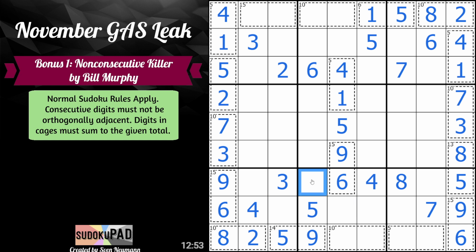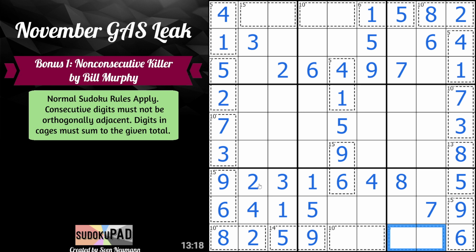Oh, sorry. This has to be 1 or 2. So, can't be 2, must be 1. Same thing over here. This must be 8 or 9, can't be 7, must be 9. So now the 1 gives us 2, 1. We are roped as we expected to be, but we weren't quite sure.